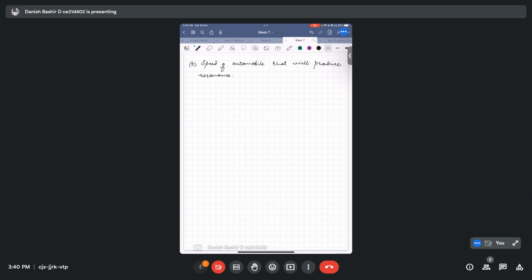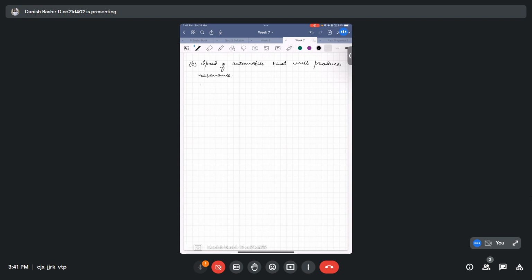For resonance, the transmissibility should be maximum. So we have the conventional concept.